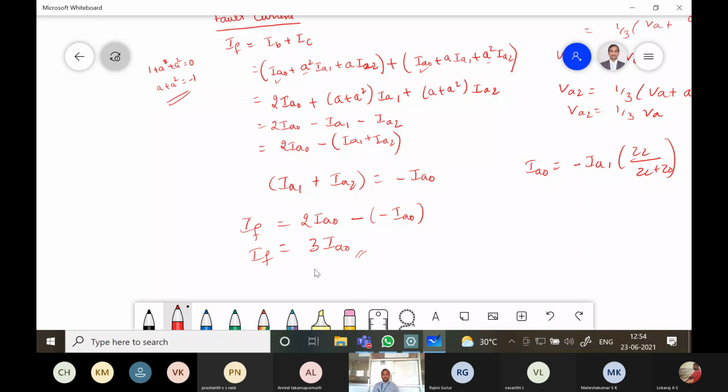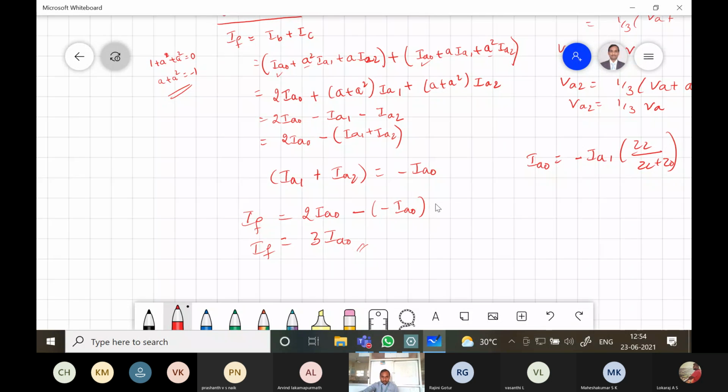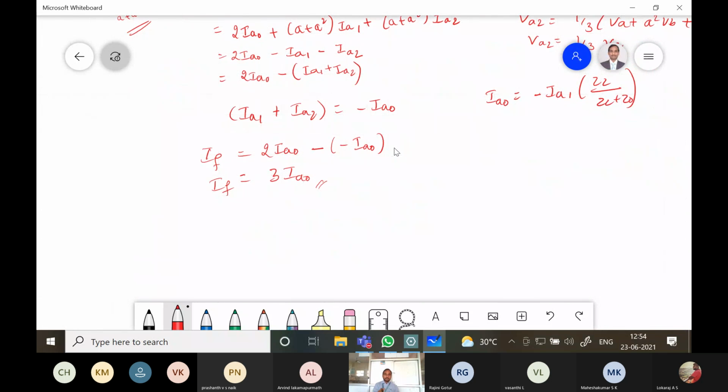So IF is equal to 3 times IA0, which is equal to minus IA1 into Z2 by Z2 plus Z0. This is equal to the fault current. So this is the fault current from this expression.